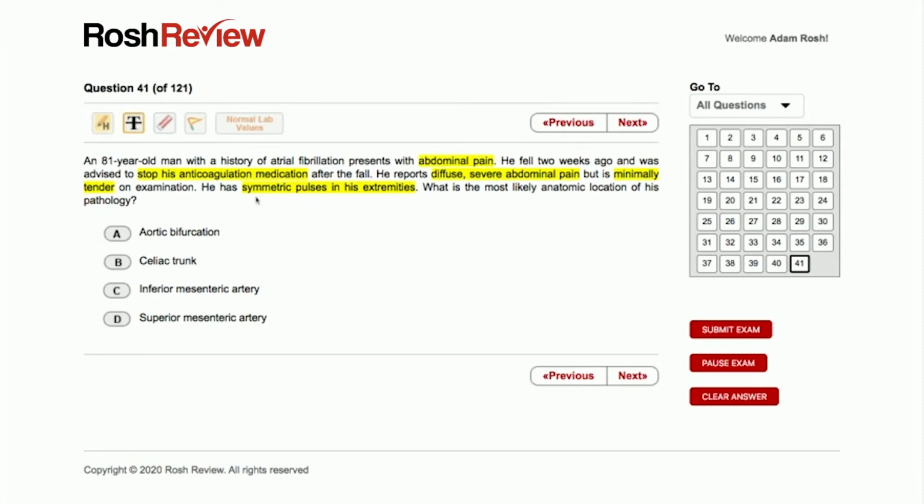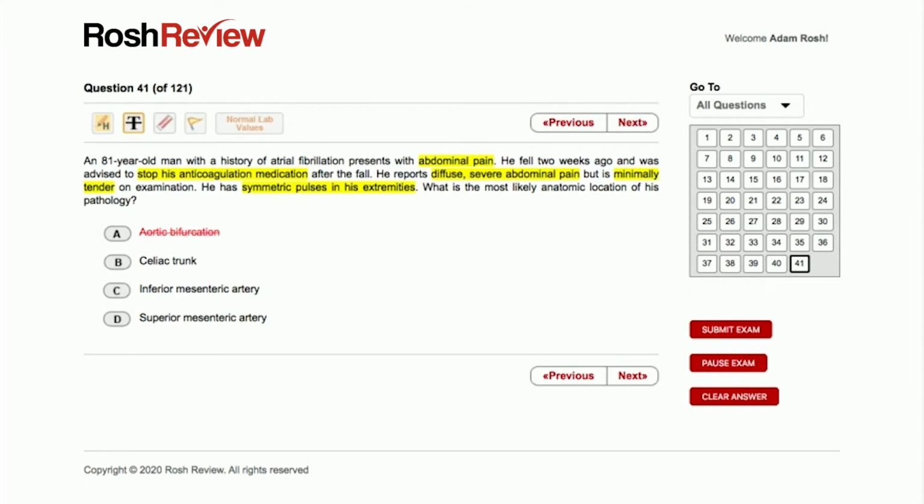So we do not see that. He had symmetric pulses, so I'm going to cross off aortic bifurcation. And then we're left with all of the branches that go in order here, right? So we have celiac trunk, then superior mesenteric artery, then inferior mesenteric artery. And these supply a lot of the abdominal viscera, the duodenum, the colon. And so which one of these is going to be the right answer?